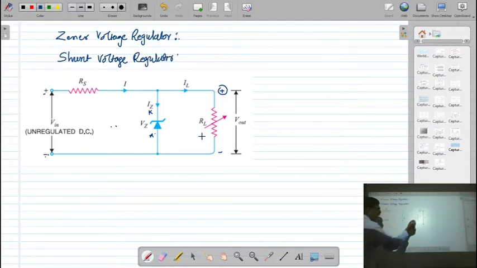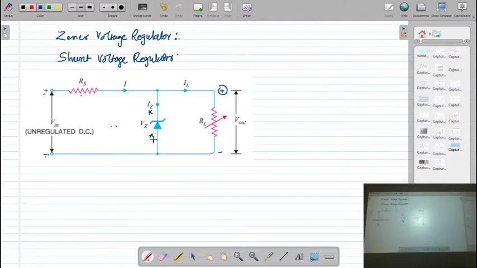Why? Because the Zener diode is connected in parallel to the RL, therefore it is known as a shunt voltage regulator. Now, for the designing of this power supply, you have to calculate the value of the series resistance and what should be the value of the Zener diode.